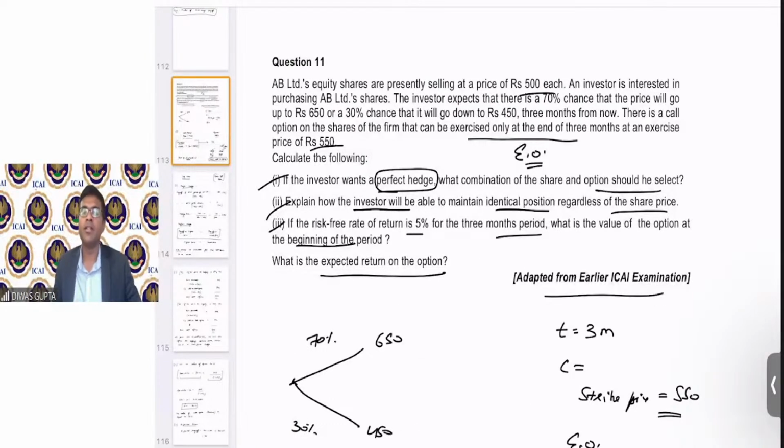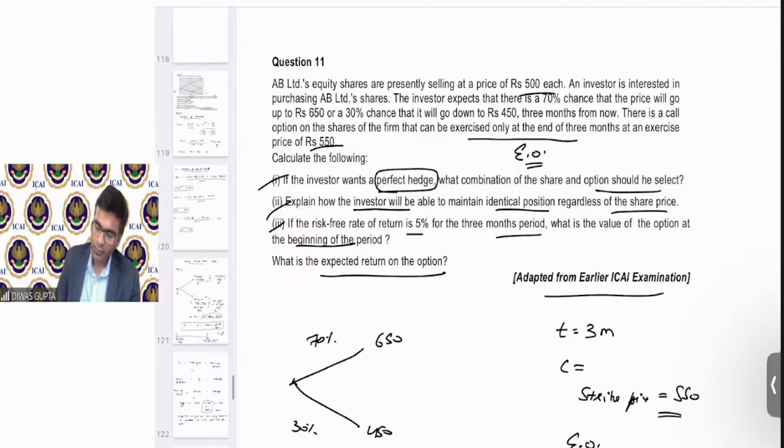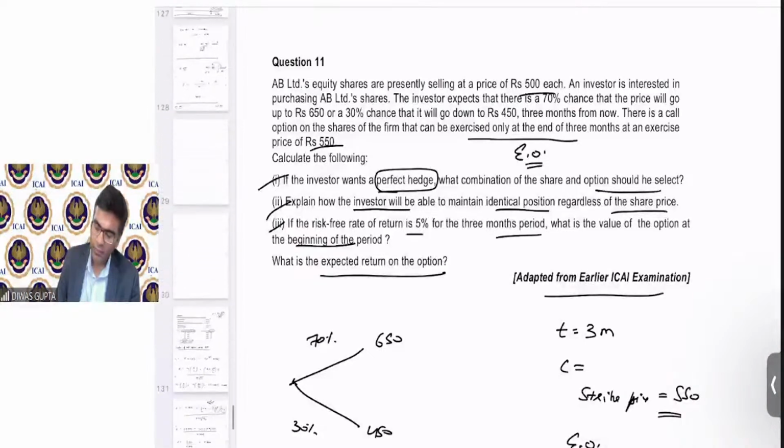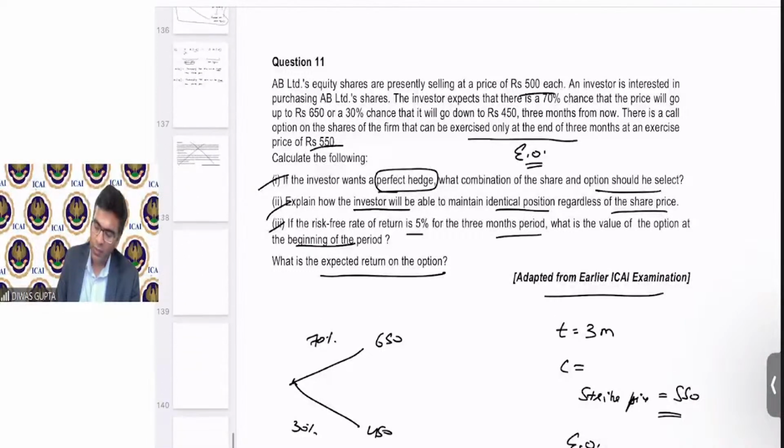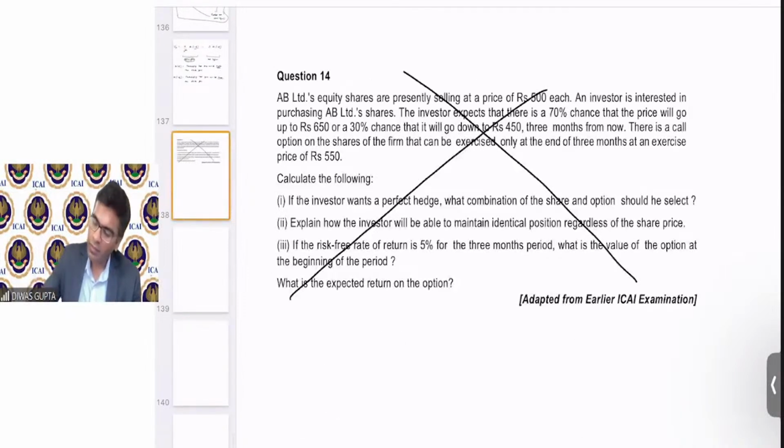Yes, this is the same as question number 11. So this was covered as question number 11. This got repeated, so we are not covering this.